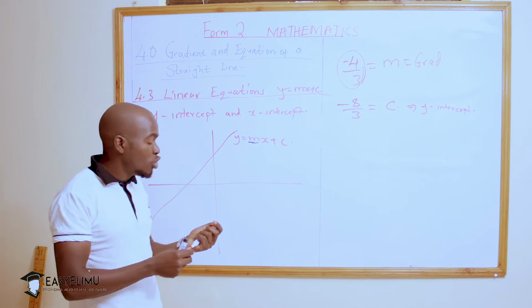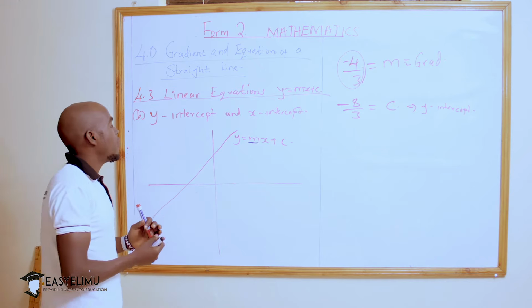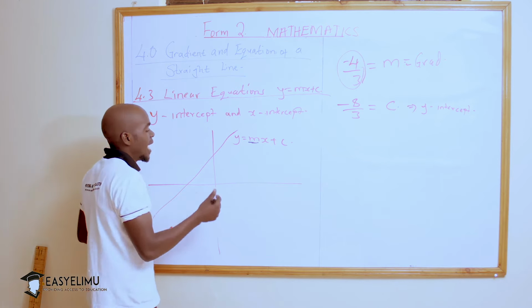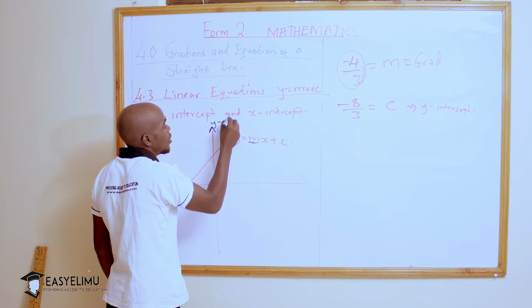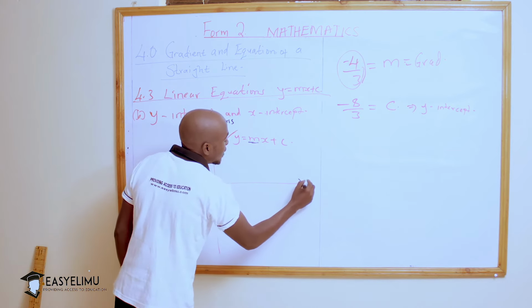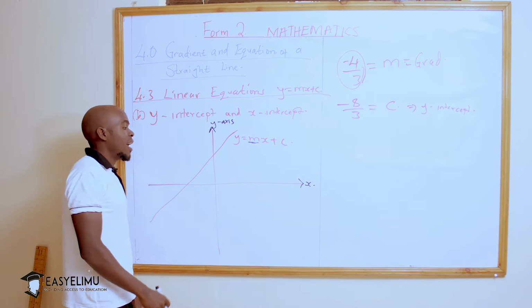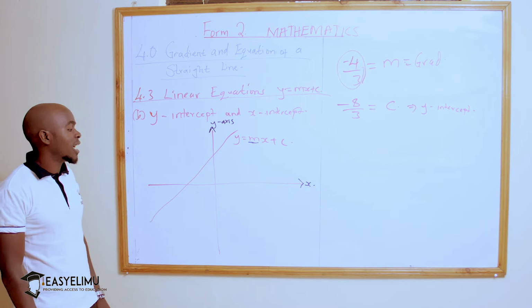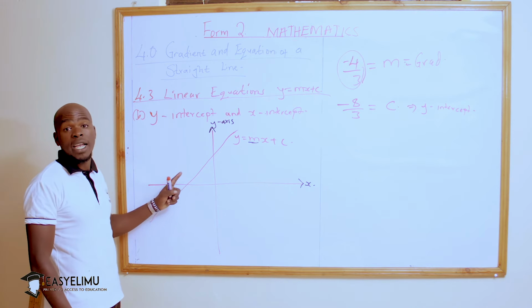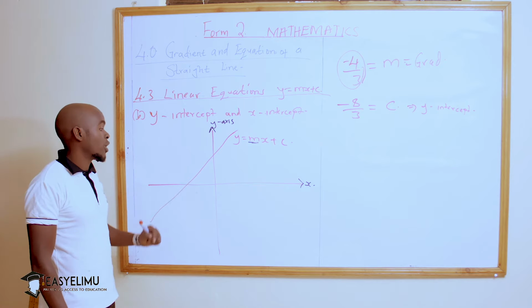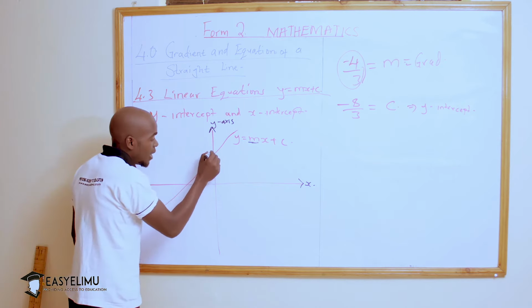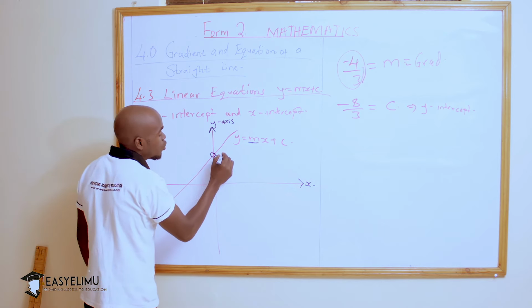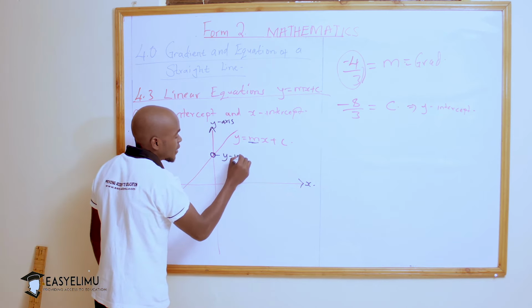In addition to that, we have a point which cuts the y-axis and a point at which the line cuts the x-axis. At this point here is what I will refer to as the y-intercept.